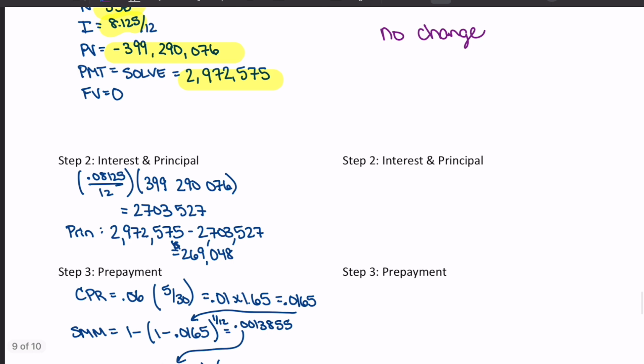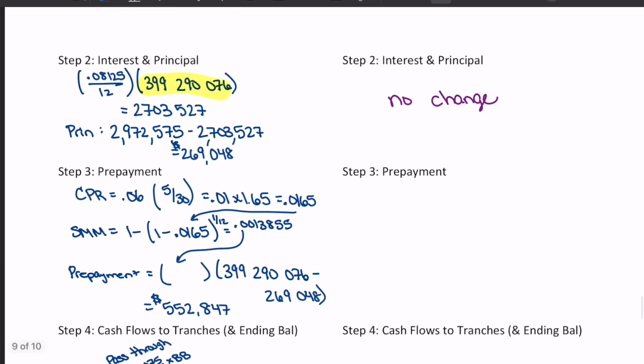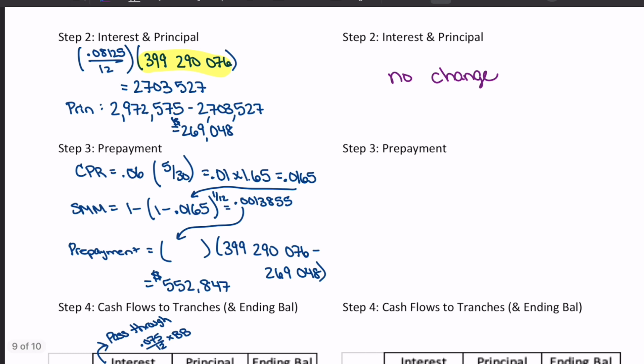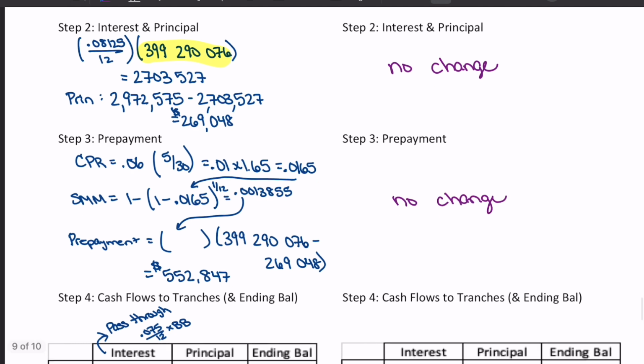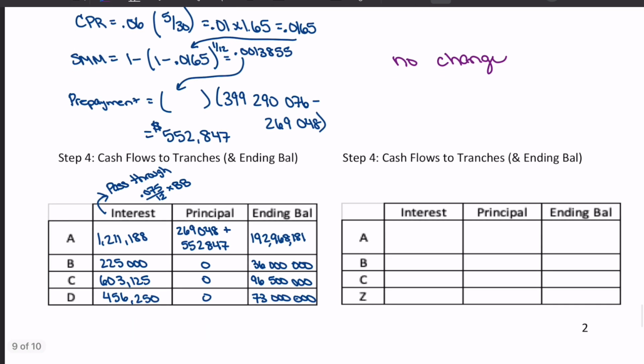Next, interest and principal are just based on that beginning balance and the payment, which stays the same, so again there would be no change. Prepayment, again just based on the same numbers above, has no change. All that's going to be different is where the interest from Z is allocated.